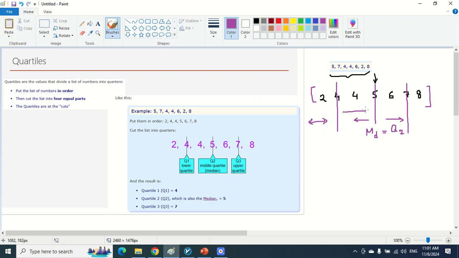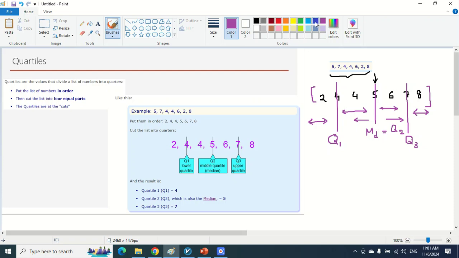This is the first part, this is the second part, this is the third part, and the fourth one is at the end, and the lengths of each of them are the same. So the Q1 or the first quartile is located over here, and the third quartile will be at the point 7. So we have the first quartile equal to 4, the third quartile equal to 7.